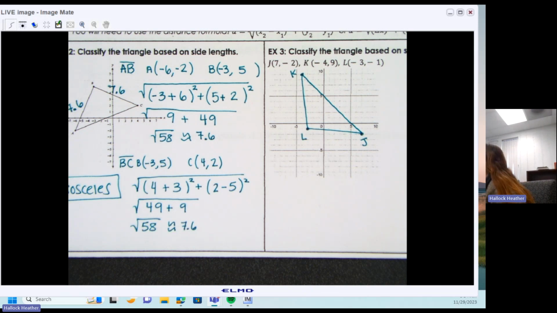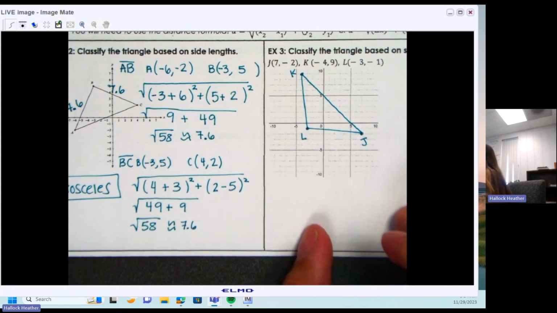Which side do we not need to find the length of? JK. JK is obviously the longest. So it's either going to be a scalene triangle or an isosceles triangle. So this time we're only going to find the lengths of the other two sides.